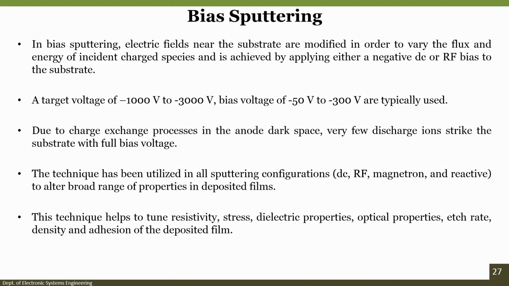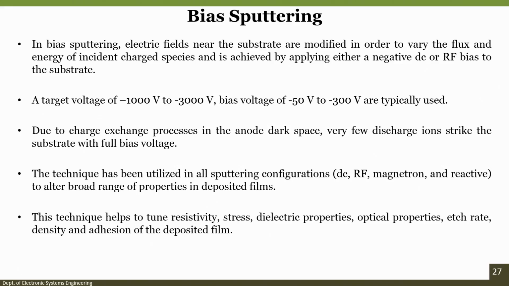Due to charge exchange processes in the anode dark space, very few discharge ions strike the substrate. The technique is used in all sputtering configurations, whether DC, RF, magnetron or reactive sputtering, to alter a broad range of properties of the deposited film. Depending on the film you want to deposit, the bias voltage and the target voltage are modified. This technique helps to tune resistivity, stress, dielectric properties and optical properties.